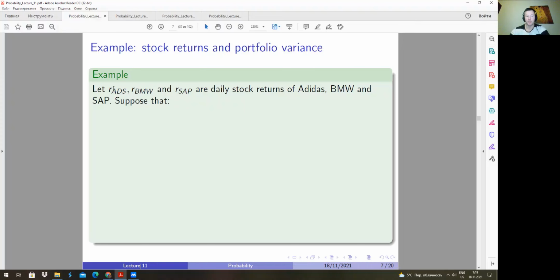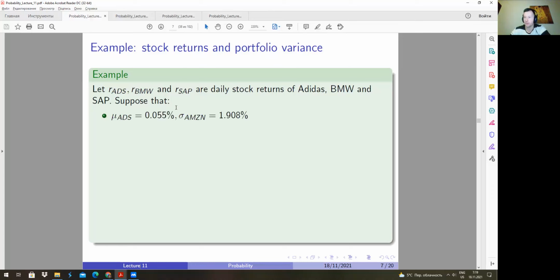Suppose that we have three variables, R_ADS, R_BMW, and R_SAP, which are the daily stock returns of these three companies. These three are random variables. We don't know what the return is going to be in the next day, today.